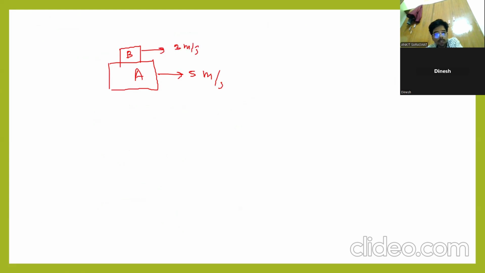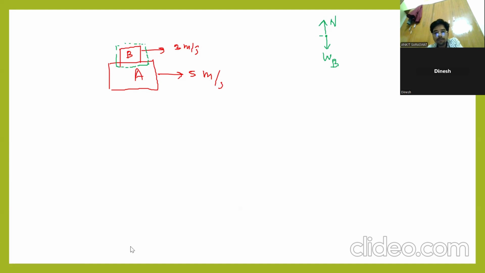If you take B as a system, this is your system. I want to draw the free body diagram. It's weight of B, normal, and one friction will be there. I don't know what is the direction of friction. Which friction? Kinetic.